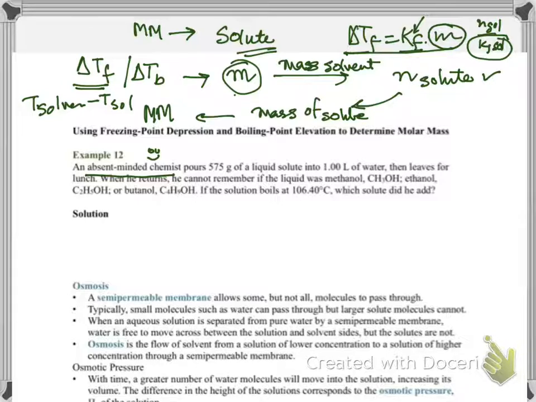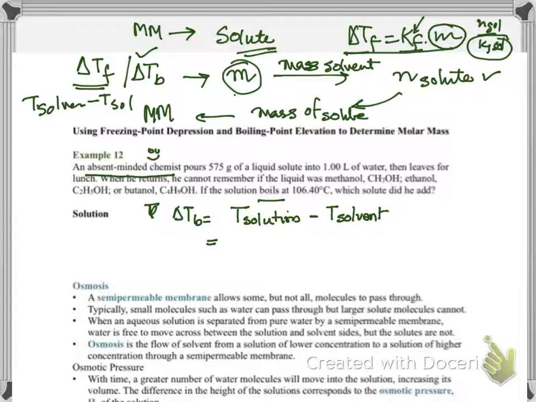My very first step is to find, so here we are talking about boiling. That means I'm talking about the boiling point elevation property. So in that case, my first step is to find delta Tb. So delta Tb is equal to T solution, the boiling point of the solution, minus the boiling point of the solvent, because the solution is higher than the solvent, remember it increases.